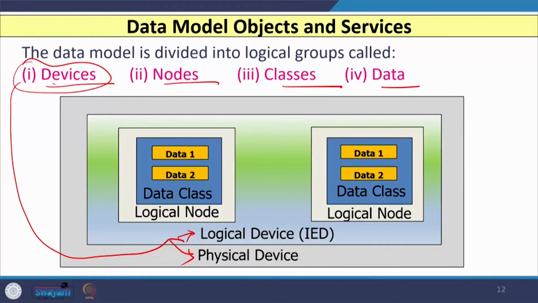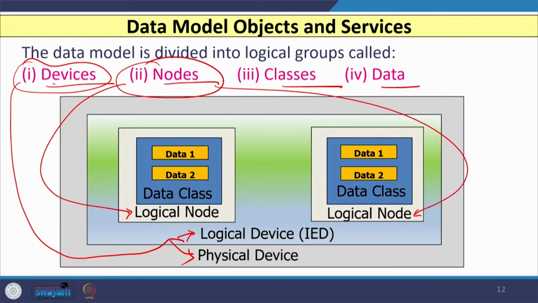So, devices are available in the form of physical devices or logical devices. Then we have the nodes, basically known as the logical nodes. The second part, nodes, is available in the form of logical nodes, and normally these are denoted by the symbol Ln. So, Ln is nothing but the logical nodes.